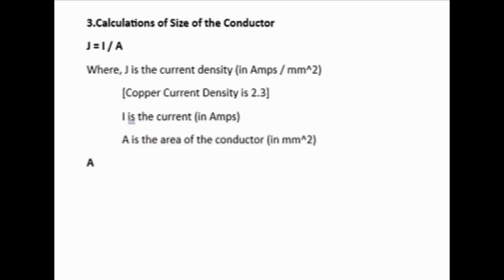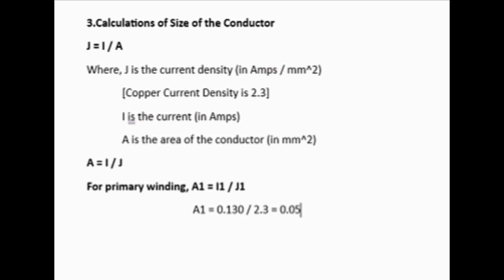Rearranging the formula as A is equal to I divided by J. For primary winding, A1 is equal to I1 divided by J1. A1 is equal to 0.130 divided by 2.3 is equal to 0.056 mm square.